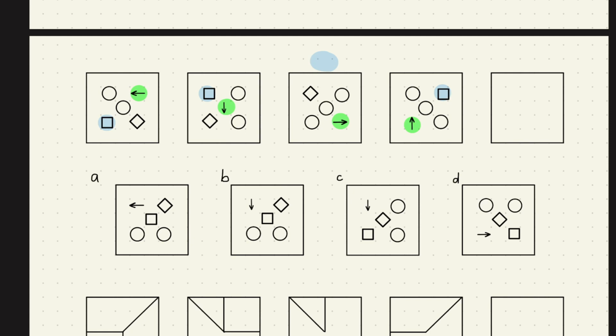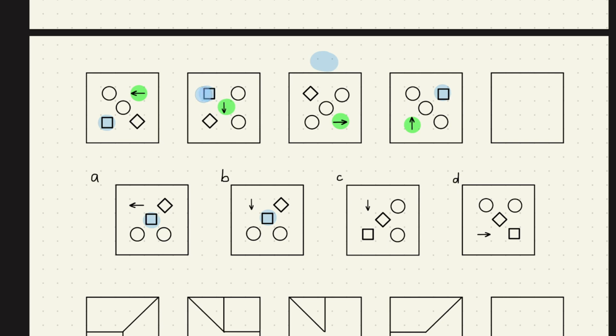So let's look at the options below. If it goes here, here, here, and then to here, I guess the next position should be in the middle. So the square should be in the middle. So it's either A or B. We can eliminate C and D. Now, they look pretty similar, except our arrow is in different directions. That's pretty interesting because in the last one, it's going up.